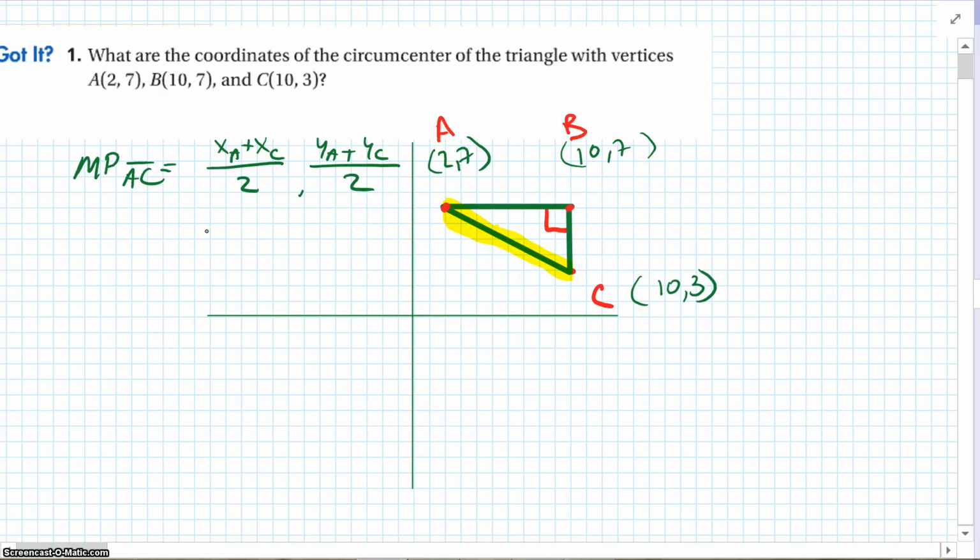The x of A is 2, the x of C is 10, so 2 plus 10 is 12, divided by 2 is 6. The y of A is 7, the y of C is 3, so 7 plus 3 is 10, divided by 2 is 5. So the midpoint of AC is 6, 5. So 1, 2, 3, 4, 5, 6, and 1, 2, 3, 4, 5. So that's the midpoint right there. That is also the circumcenter.